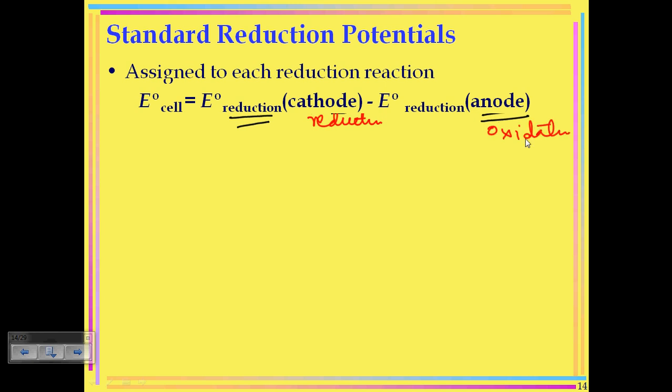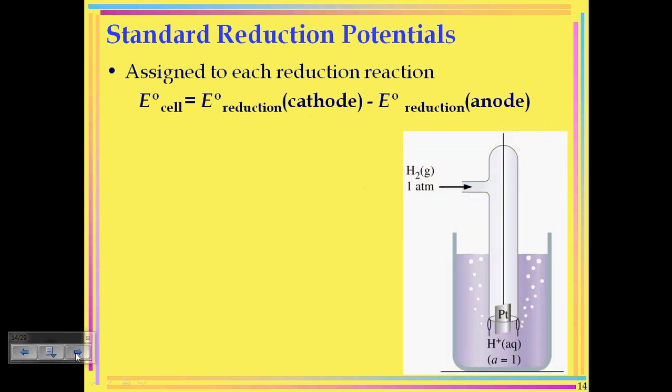Remember, An Ox, Red Cat? So even though oxidation is happening at the anode, you're still writing its reduction potential. You don't need to flip it around. That's why there's this negative sign that takes care of it. And this is where kids get confused. So I'm emphasizing it, and I'll reiterate it with an example.